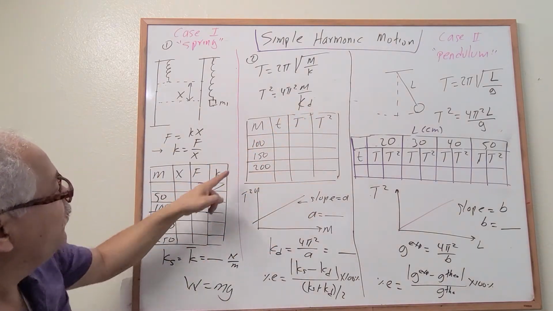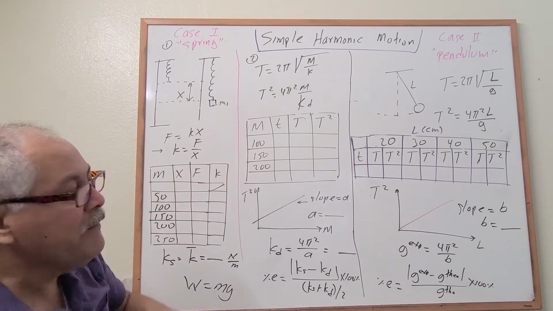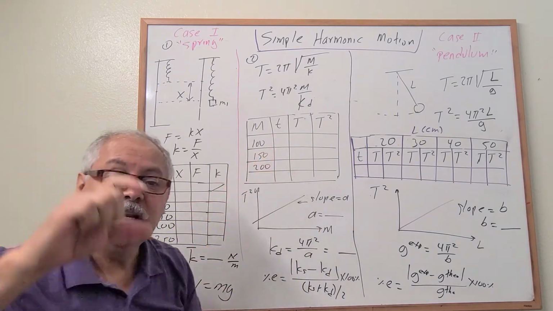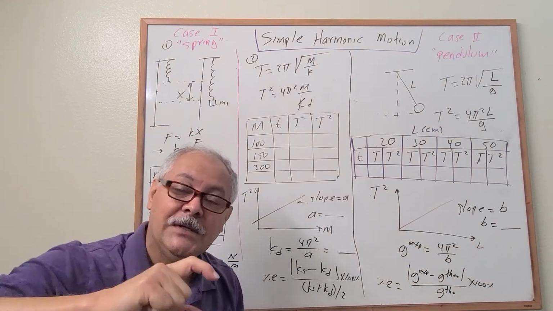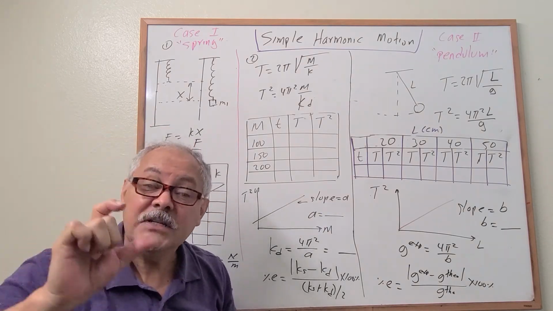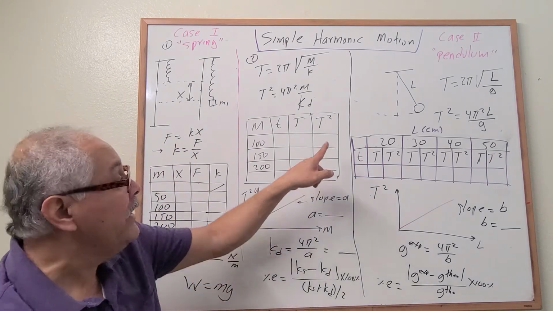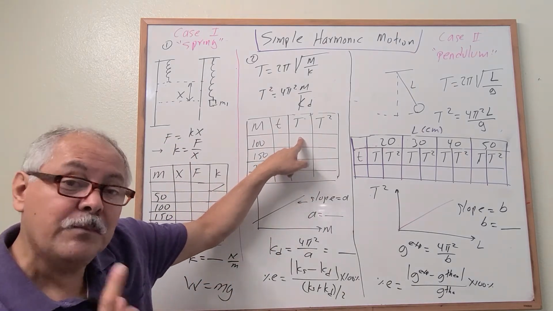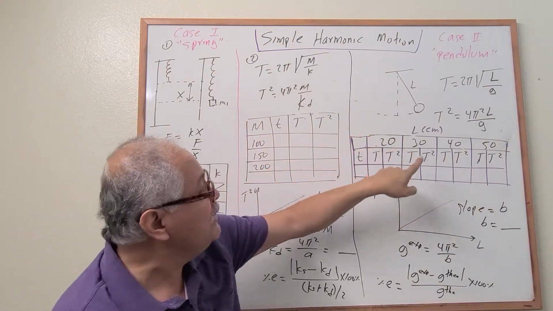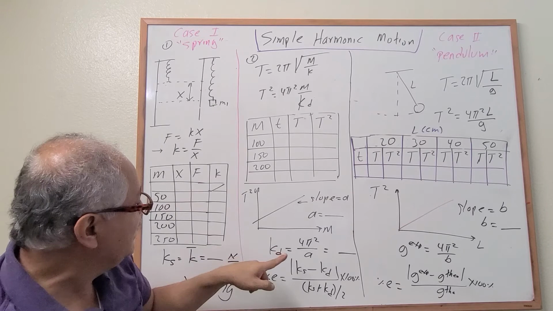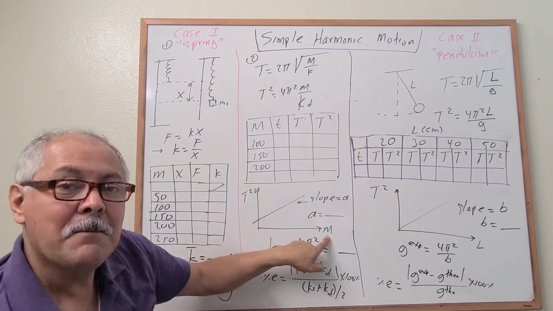Now, the same thing as before, let's use different masses. Let's find the time of oscillation, for example, the time for 10 oscillations. And then let's divide the total time by 10 to find the period for one oscillation. Then let's take the square, because we are looking for the graph of T squared versus mass.